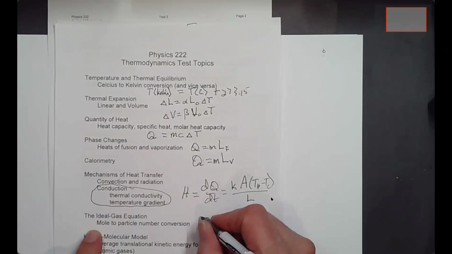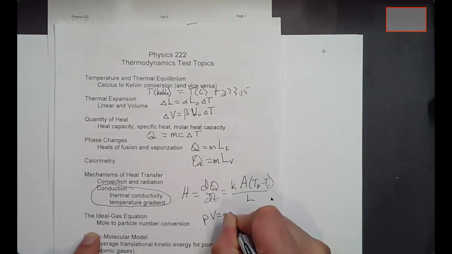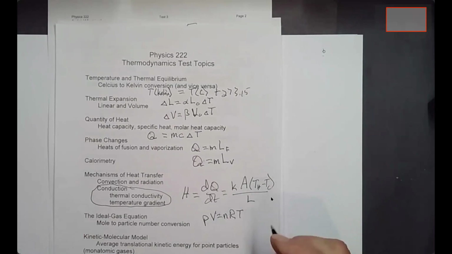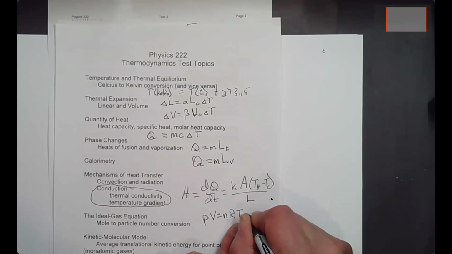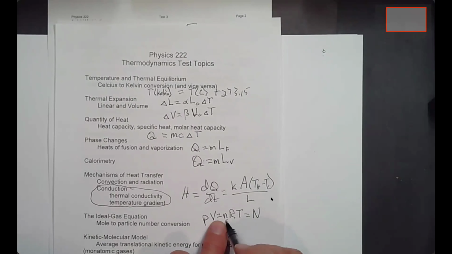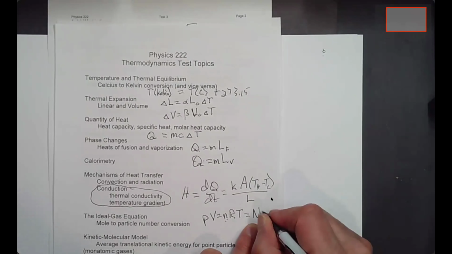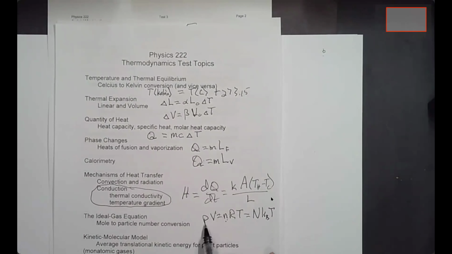Ideal gas equation, this is PV equals nRT. I also had a different version of this where I used the capital N. Lowercase n was the number of moles, capital N is the number of particles themselves, and with this version, we use Boltzmann's constant times the temperature. But it's the same thing.